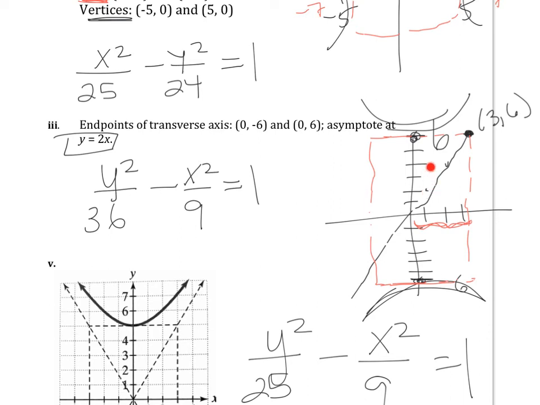If I keep going up 2 over 1, that's the point (2, 4). Up 2 over 1 is the point (3, 6). So this (3, 6) must be the corner of my rectangle. And if I follow it down, the horizontal distance from the center is 3. And that's what's going to go under my x squared. The 36 comes from where the vertices are.